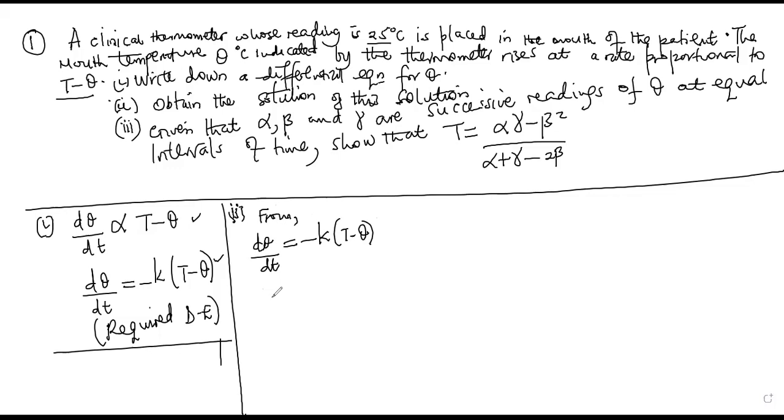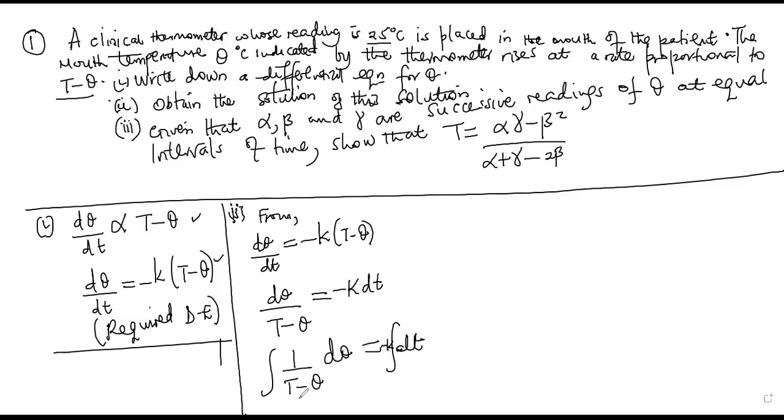You will have d theta over T minus theta is equal to negative k dt. So we integrate 1 over T minus theta d theta, which is going to be equal to the integral of negative k dt.